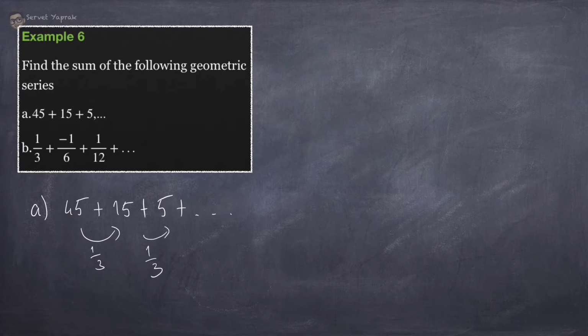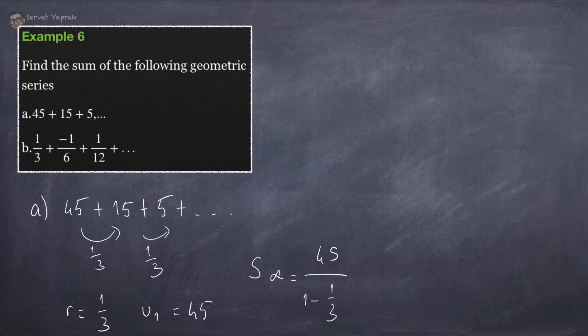And this is a decreasing geometric sequence, which means we can find the sum to infinity by using the infinity sum formula. So r is 1/3, first term is 45. Now if we substitute these values into the formula, S infinity equals 45 over 1 minus 1 over 3.